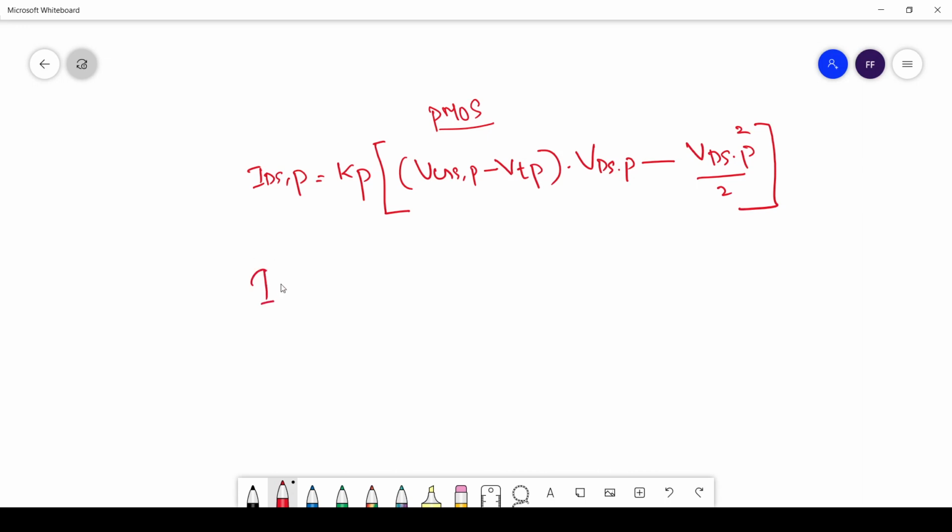For saturation, the equation is IDS of P equal to half of Kp into VGS of P minus VTP the whole square.